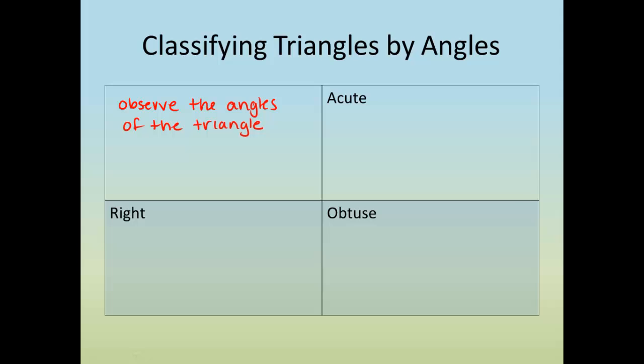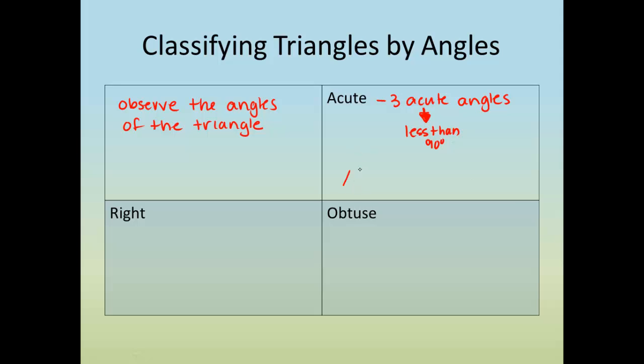An acute triangle will have three acute angles. And since we know the word acute means that the measure is less than 90 degrees, we know that this triangle will have three angles that are less than 90 degrees.